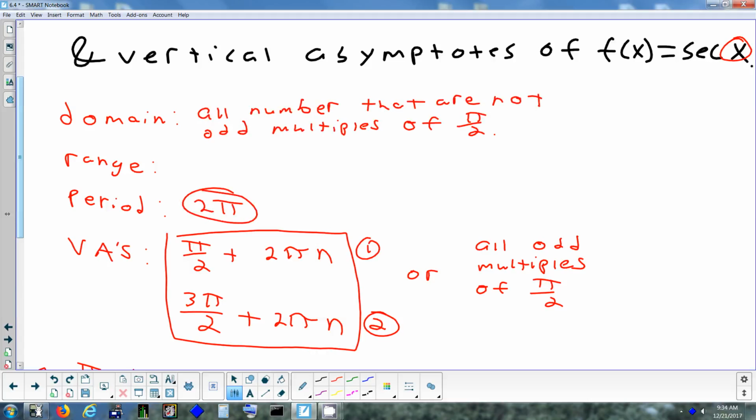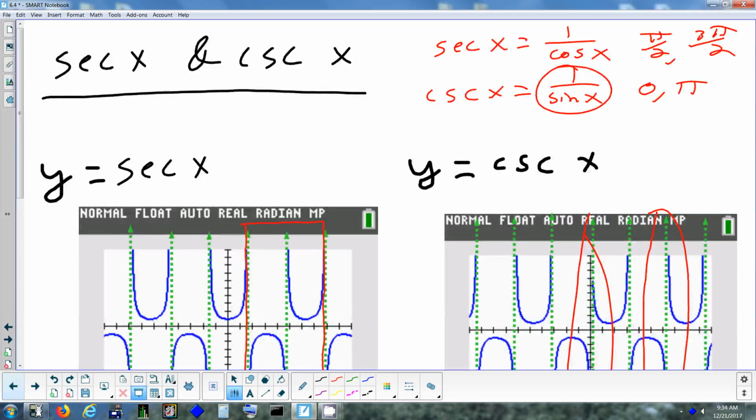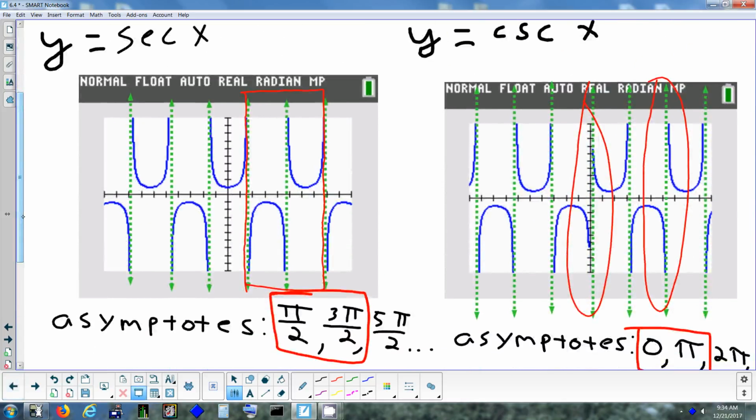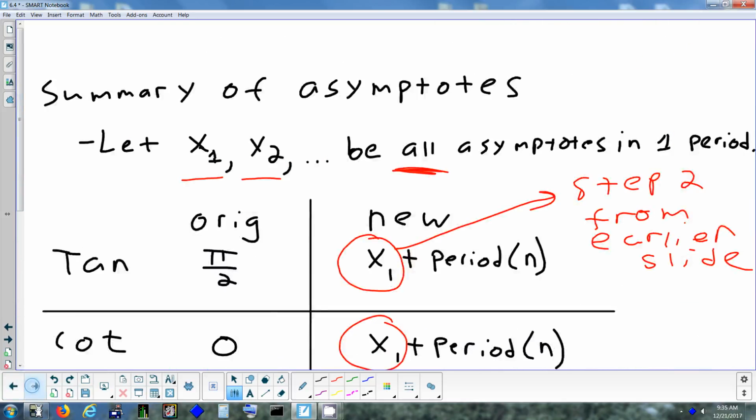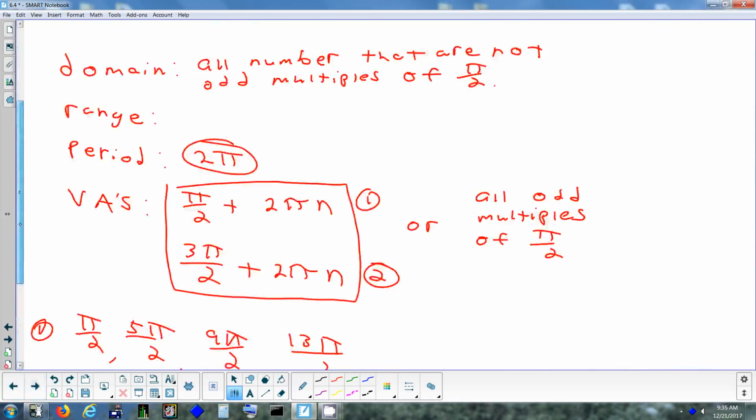And now the range, well, we already have the graph on the other page. The range here is from negative infinity up to what value in the low part? Yep. Negative 1. So the range is negative infinity up to and including negative 1.